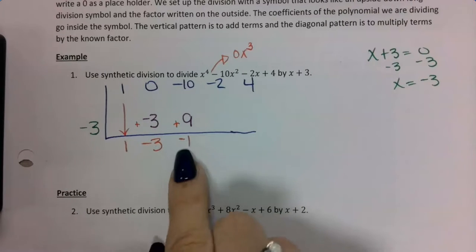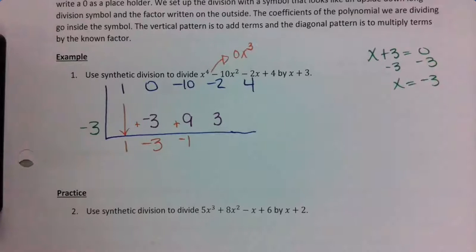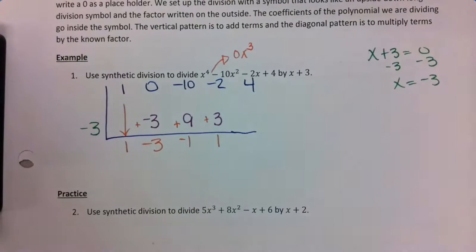Then I take the negative 1 and multiply by the negative 3, which gives me positive 3. Then I add down, so negative 2 plus 3 gives me 1.